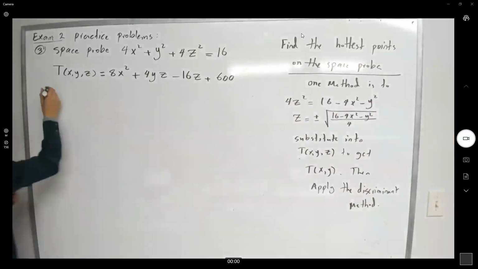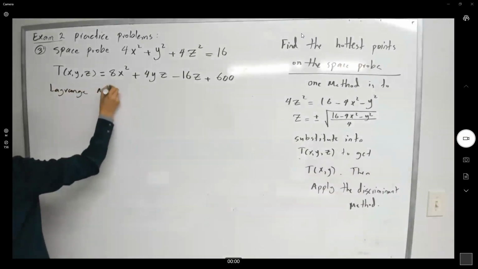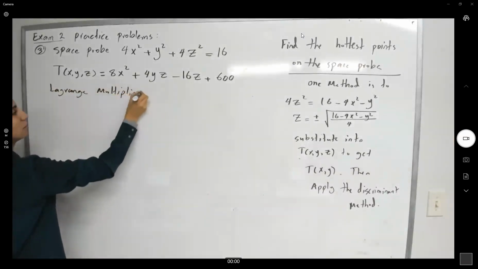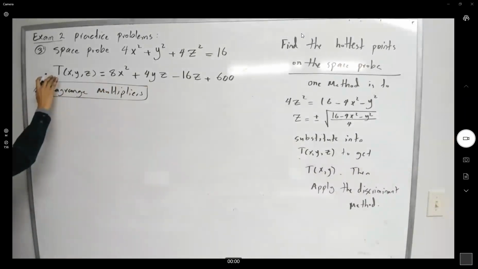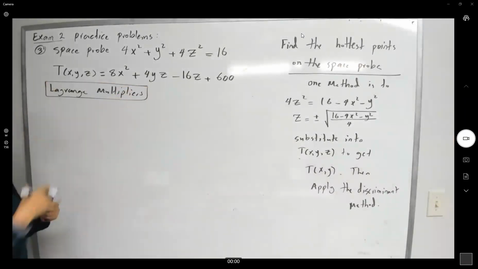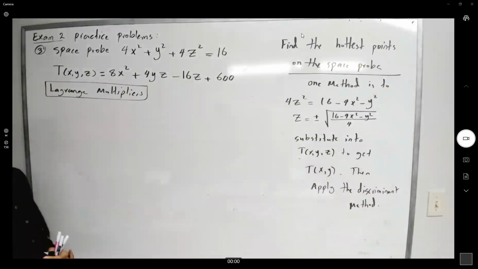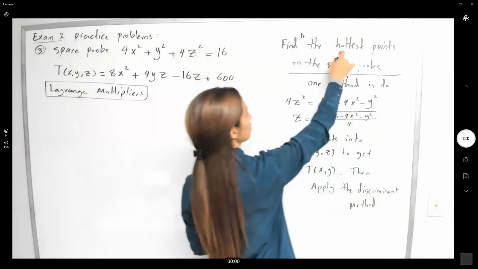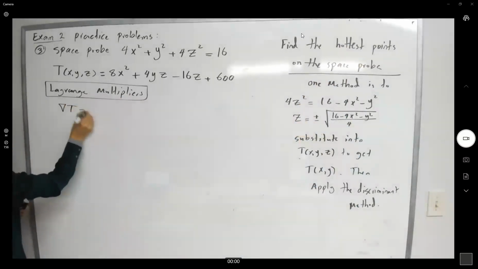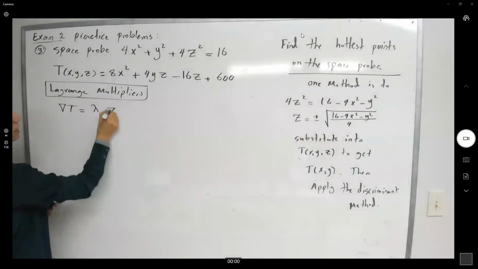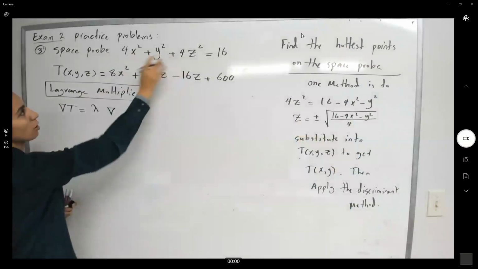Or another method is the Lagrange multipliers. So you need to take the derivative of the function that we're trying to maximize or minimize. Remember that here we're looking for the hottest points. So the gradient of T equals lambda times the gradient of the space prop shape.